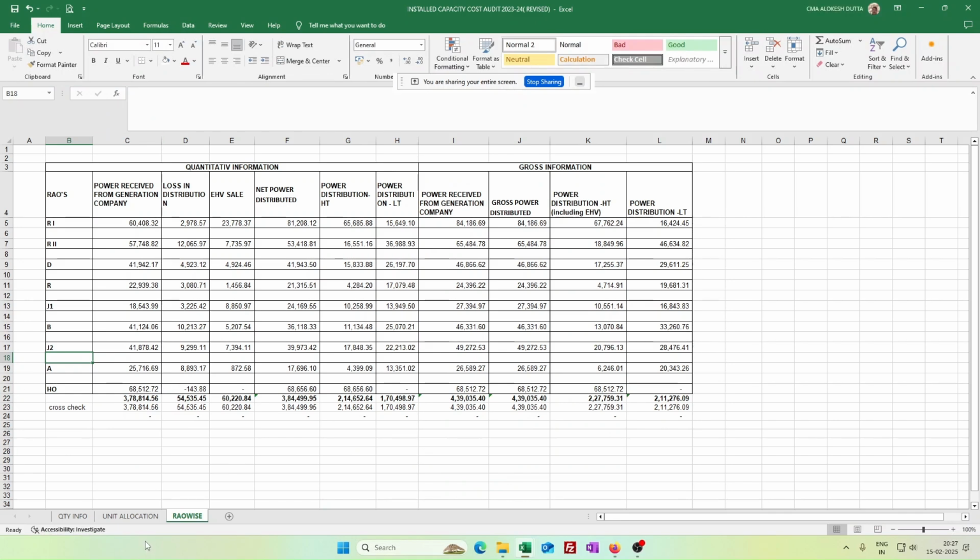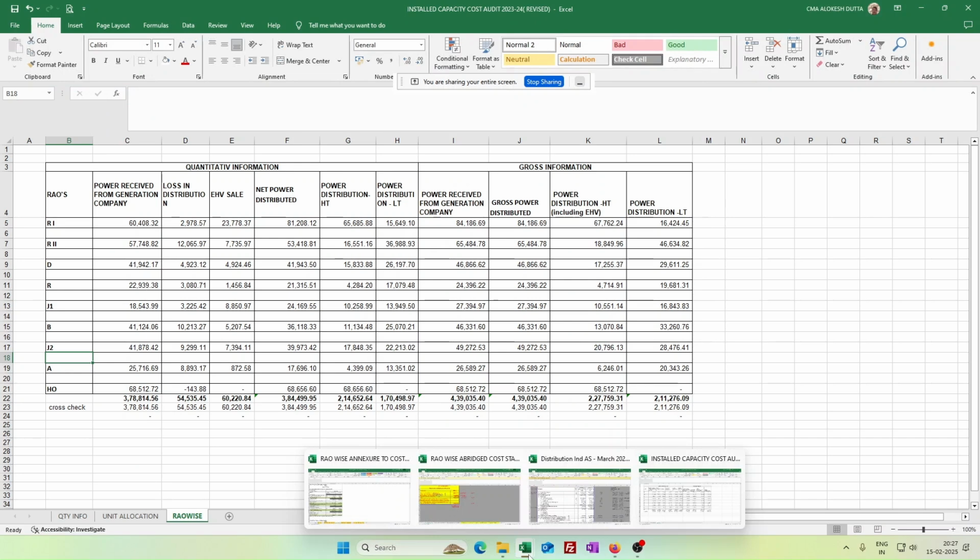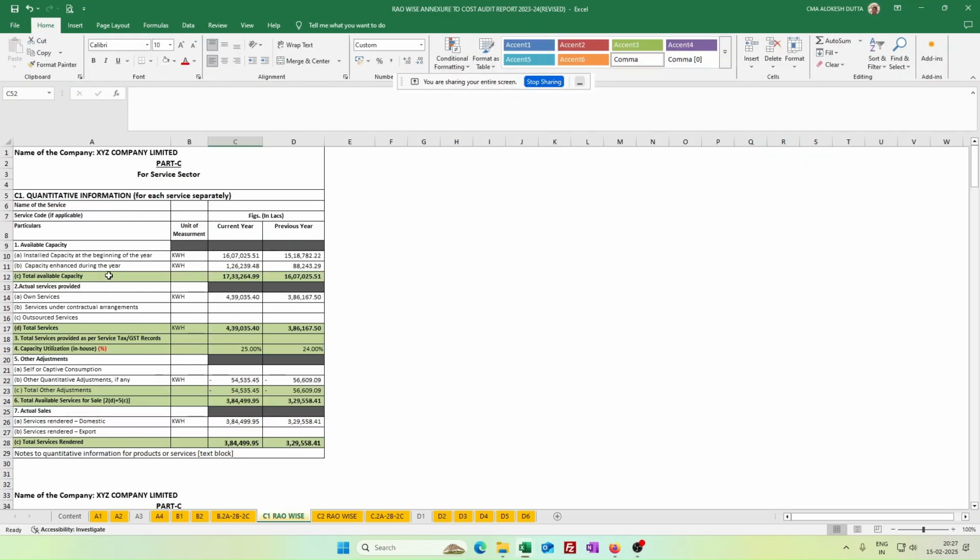This is installed capacity RAO-wise. Where does this come from? D12.